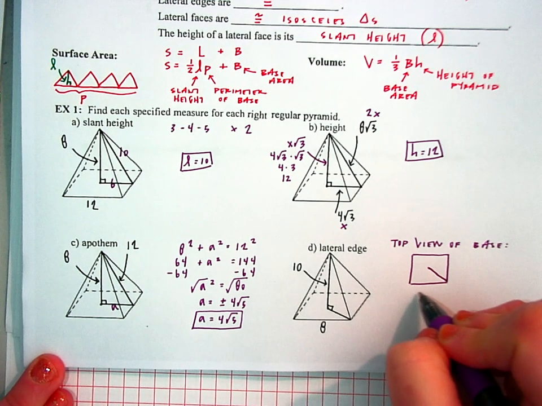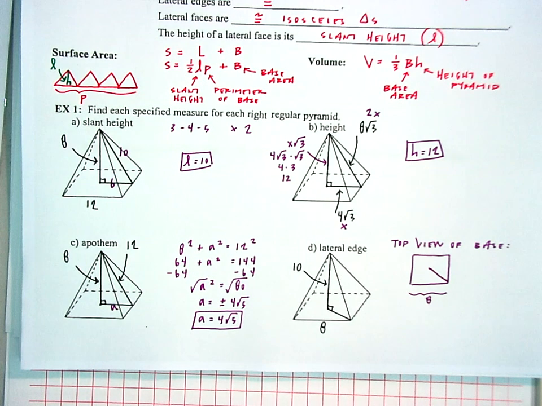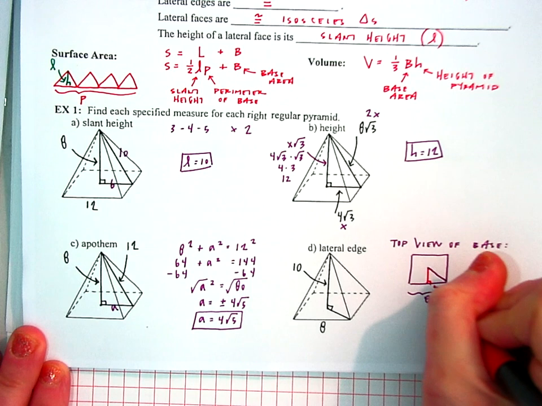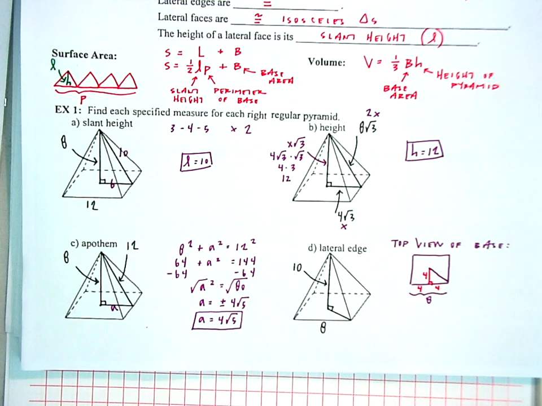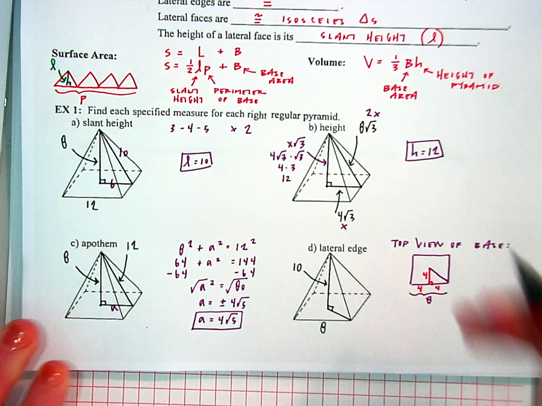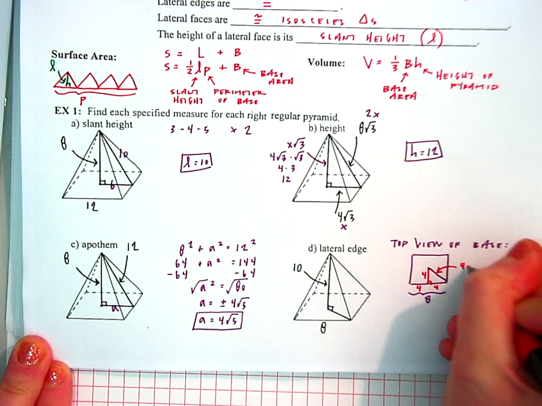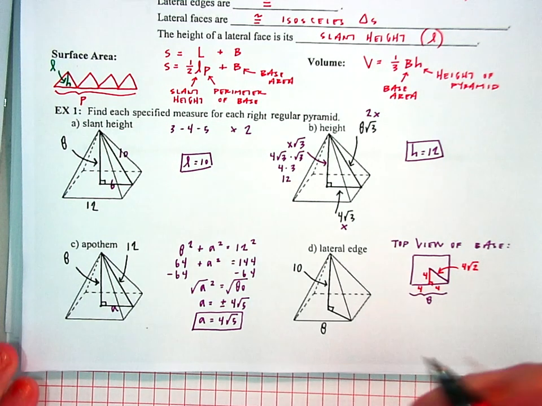So I know that this whole side is 8. So if that whole side is 8, then I know when I draw on this triangle that this is 4 and this is 4. And in fact, this is 4 also. So I can see that I have a 45, 45, 90 triangle, or an isosceles right triangle. So this part right here would have to be 4 square root 2. So for an isosceles right triangle, we know it's x, x, and then x root 2. So my radius right here is 4 root 2.